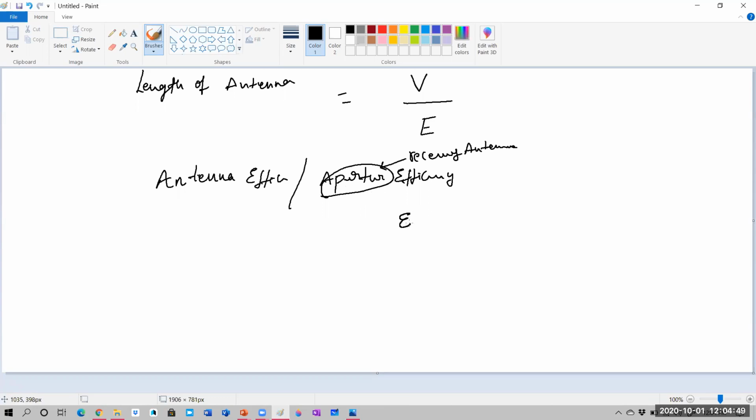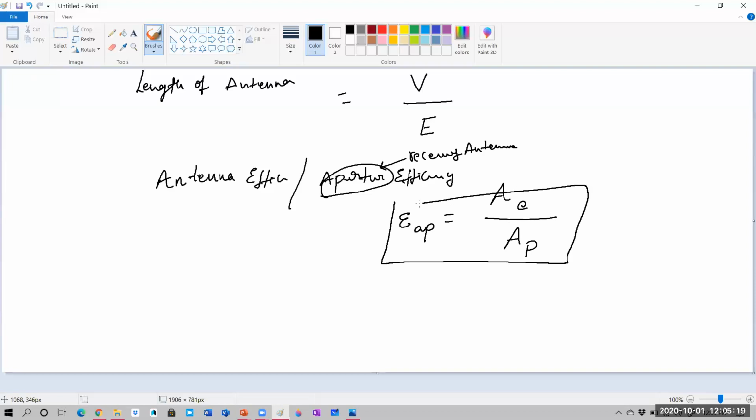How can we define aperture efficiency? Aperture efficiency is denoted by epsilon. The aperture is denoted by capital A, that is A suffix E, the effective aperture of the antenna, and the ratio of the effective aperture to the physical aperture of the antenna is nothing but aperture efficiency. First one, antenna height, length of the antenna.